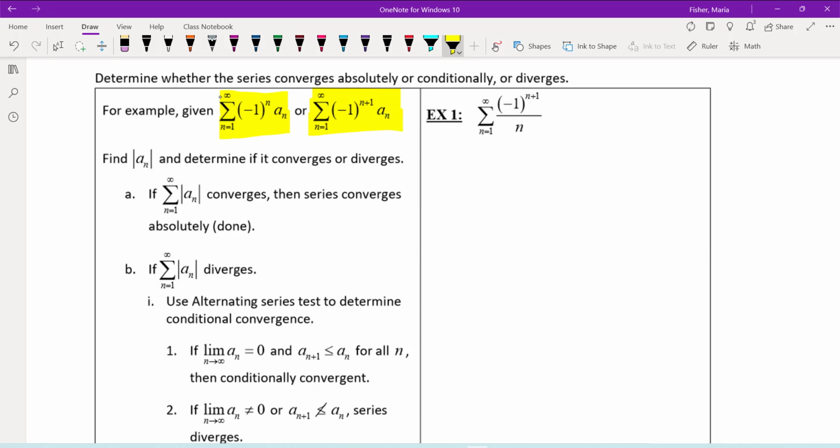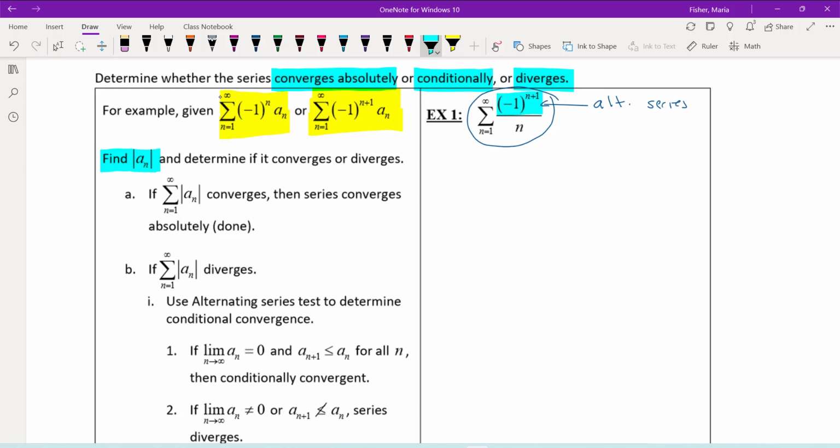When you have an alternating series, to determine if you converge absolutely, converge conditionally, or diverge, the first thing you want to do is find the absolute value of your series. In number 1, I have the sum from n equals 1 to infinity of (-1)^(n+1) over n. This piece makes it an alternating series, because it's going to alternate between negative 1 and positive 1.